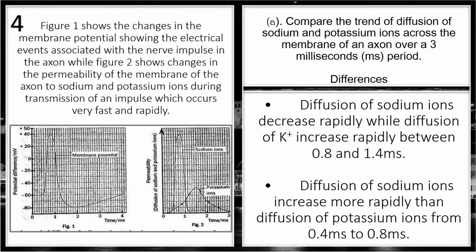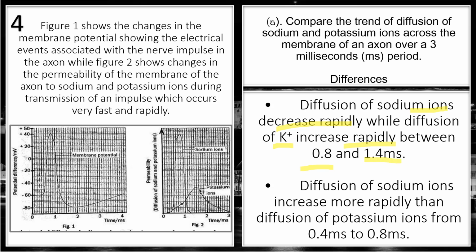The diffusion of sodium ions decreases rapidly, while the diffusion of potassium ions increases rapidly between 0.8 and 1.4.